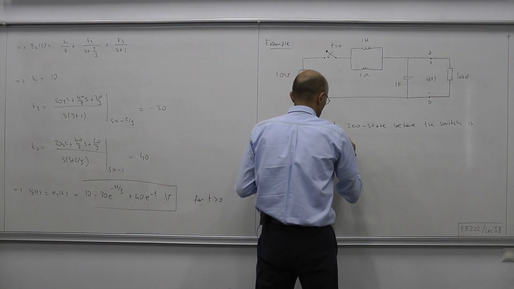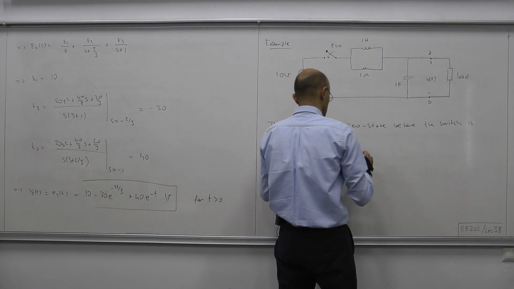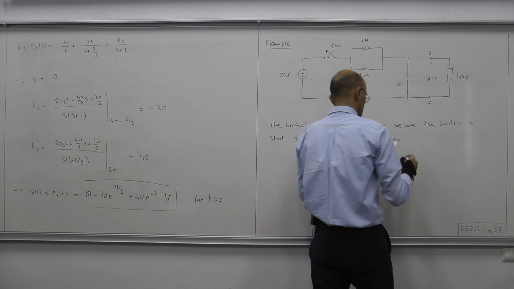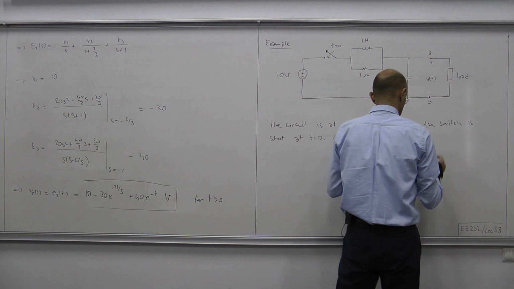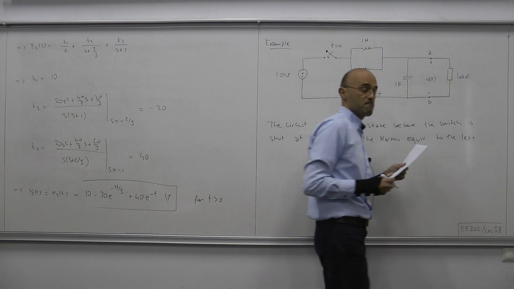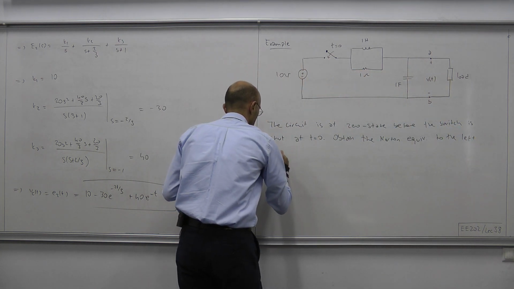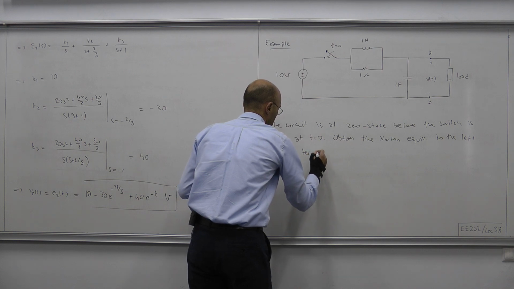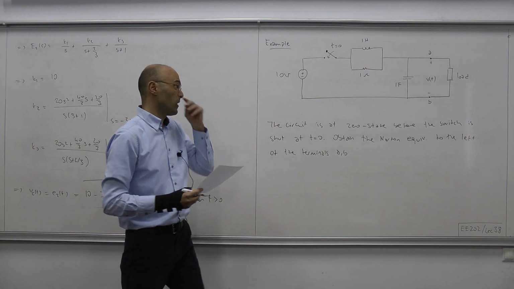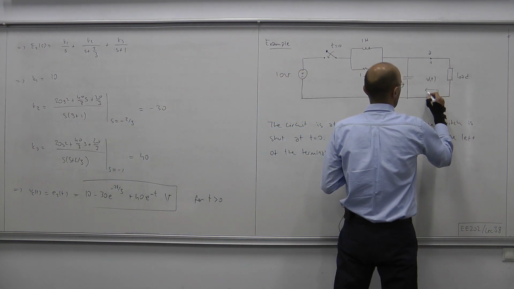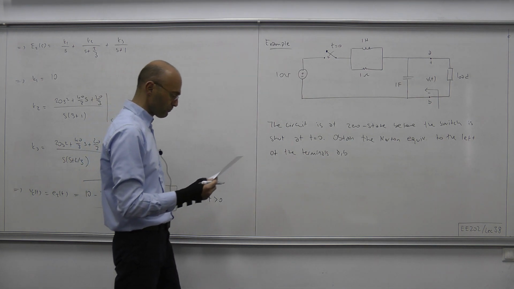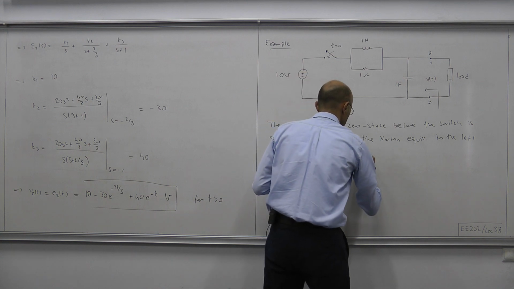Okay, we are asked to obtain the Norton equivalent seen by the load. Okay, that is the Norton equivalent to the left of the terminals A and B. So we're talking about the Norton equivalent seen when looked from that side, in S domain.